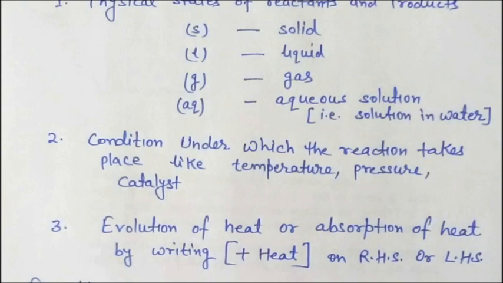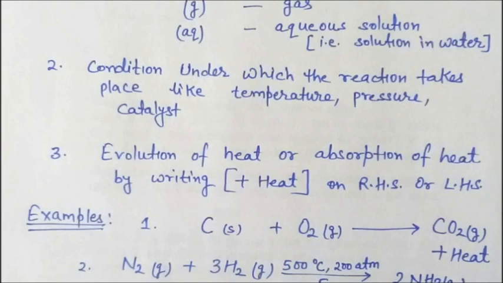Where heat is evolved, the reaction is known as an exothermic reaction, while if heat is absorbed in a chemical reaction, it is known as an endothermic reaction. You have already studied exothermic and endothermic reactions in previous classes, so you are aware of it.